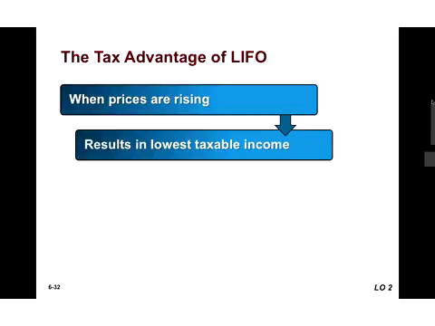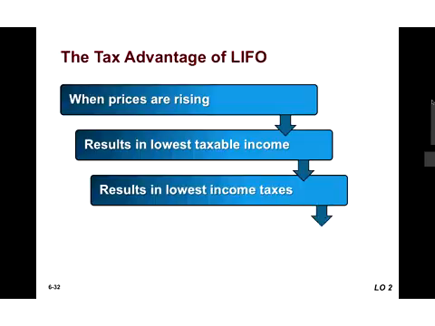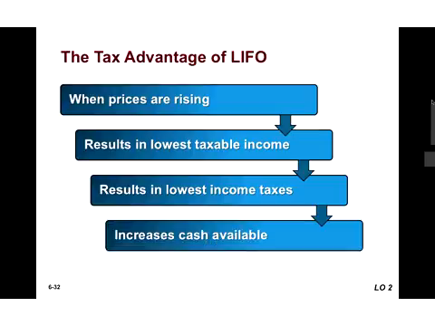If costs are going up, LIFO is going to result in the lowest income. It results in the lowest income taxes. If we have the lowest taxable income, we have the lowest taxes, which increases the cash available for a company to use because it's not putting cash towards income taxes.